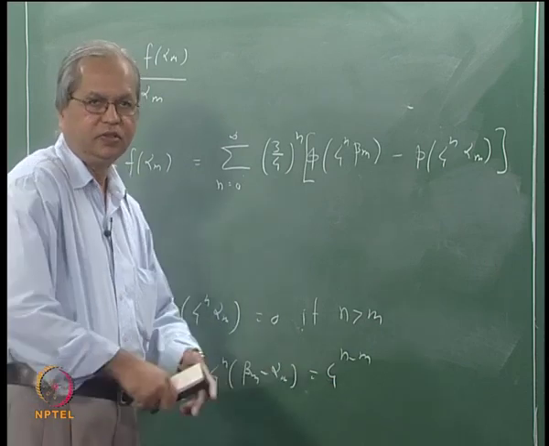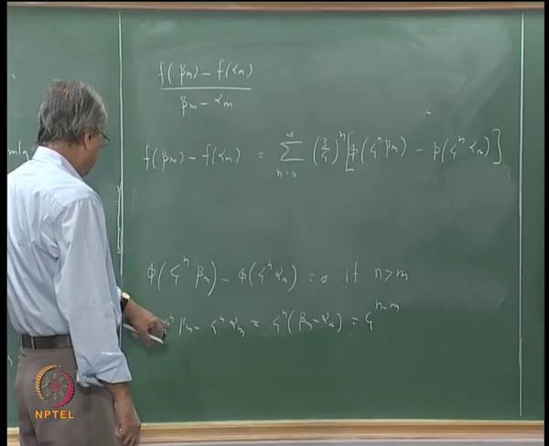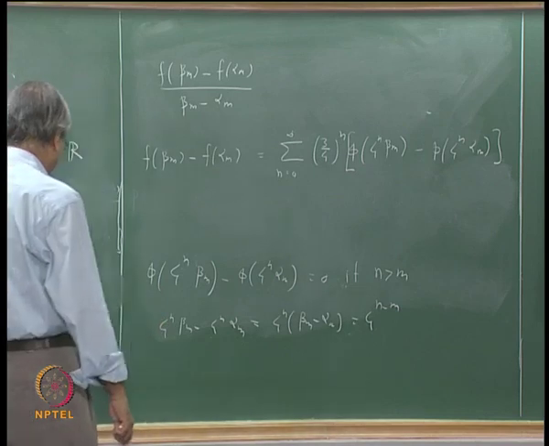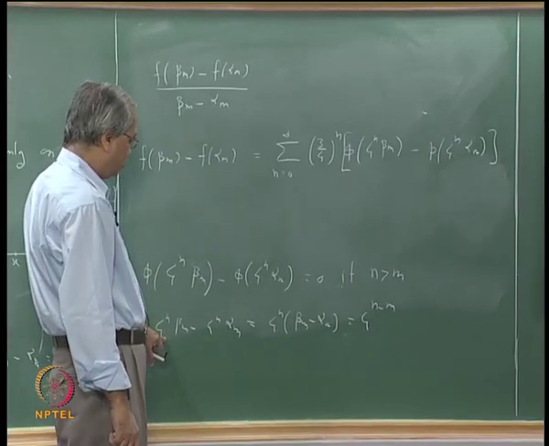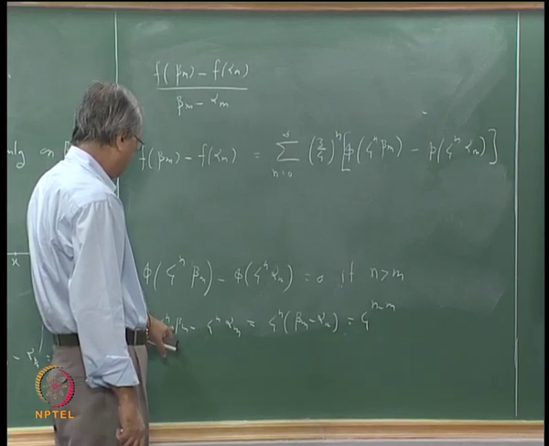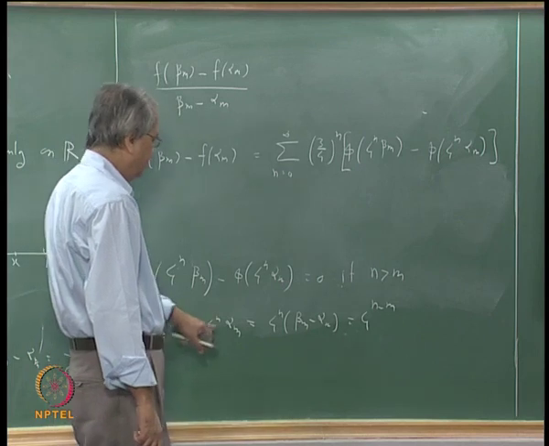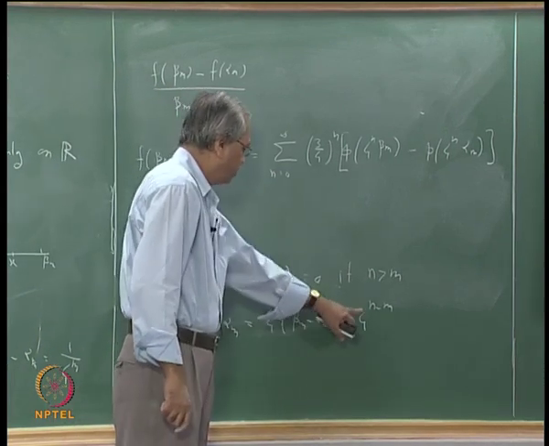Between these two numbers, 4 to the power n beta m minus 4 to the power n alpha m is nothing but 4 to the power n minus m.